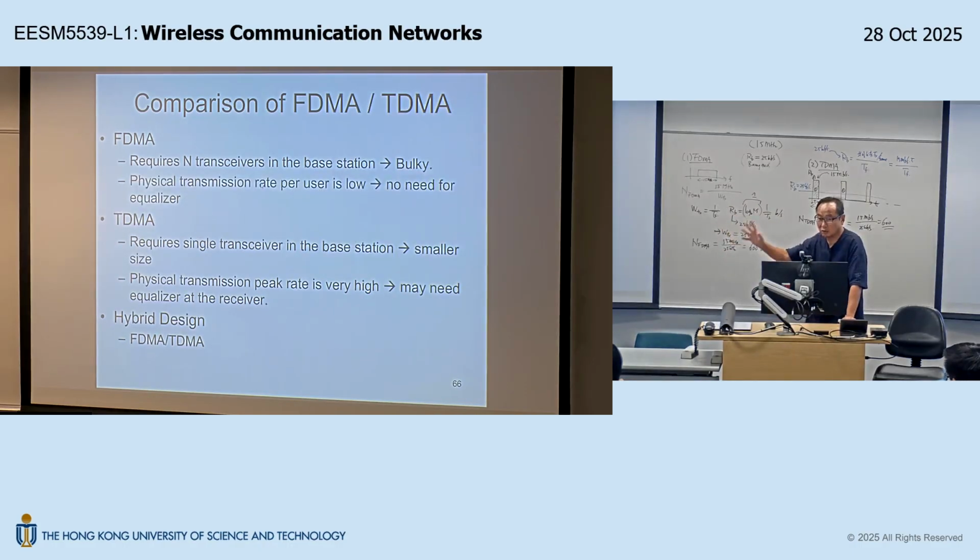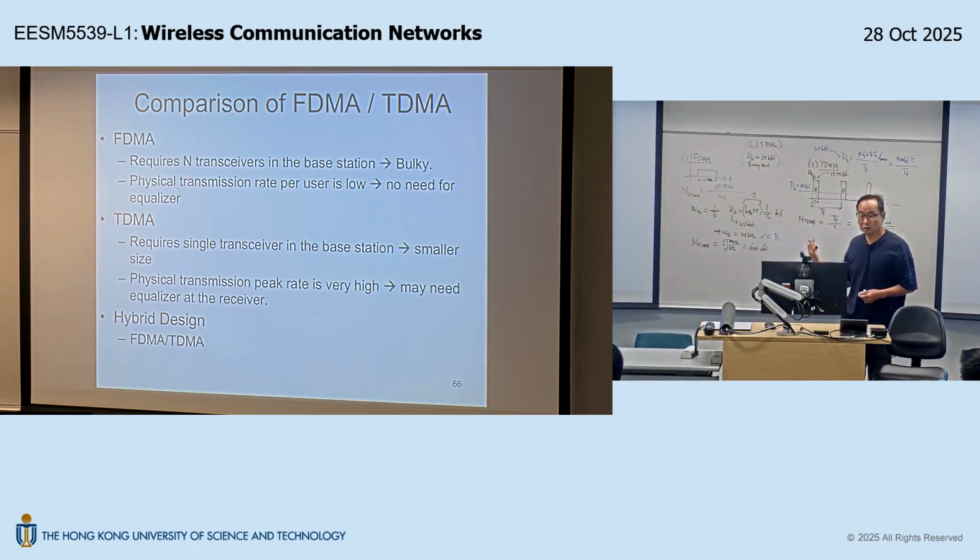So if you do the math for this FDMA situation, do you need to worry about a frequency selective fading channel, or the ISI problem we talked about last time? No, because the transmission bandwidth is much less than the coherence bandwidth. So you are talking about flat fading only, which is a one-tap problem. In other words, you don't need to worry about equalization.